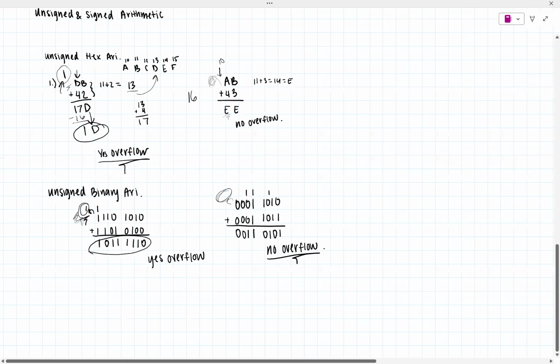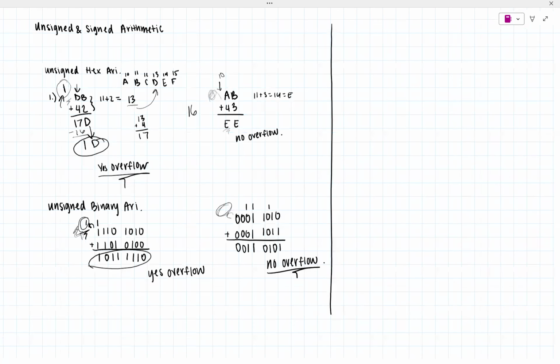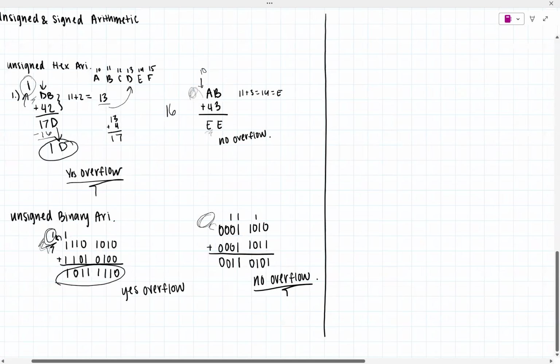Exactly. Okay. So yeah, that is unsigned. Luckily, those are super easy to tell whether there's overflow or not. We're just looking for the extra bits being carried over. But the story is different for signed.